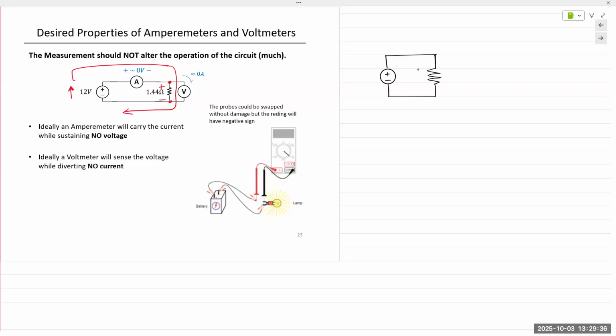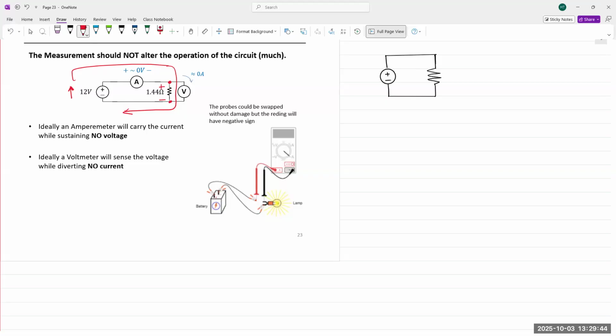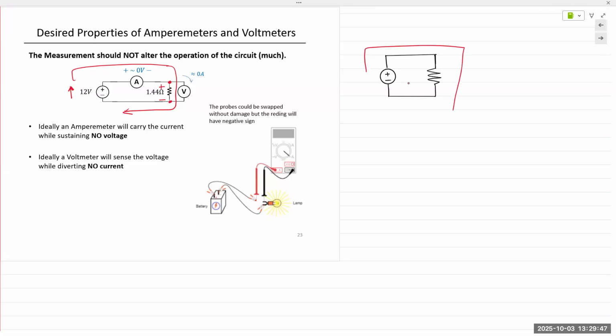When you have two components connected like this, and there's nothing else in that circuit, they have the same current, let's call it I, and they also have the same voltage, V.